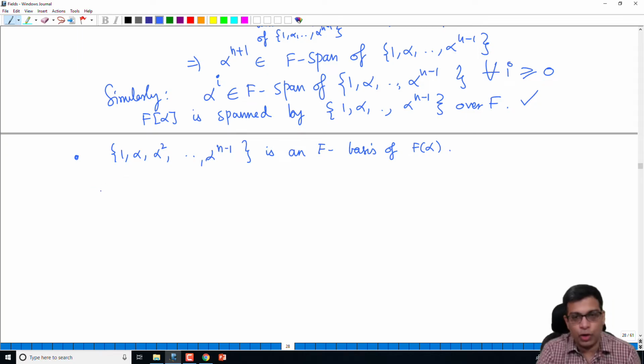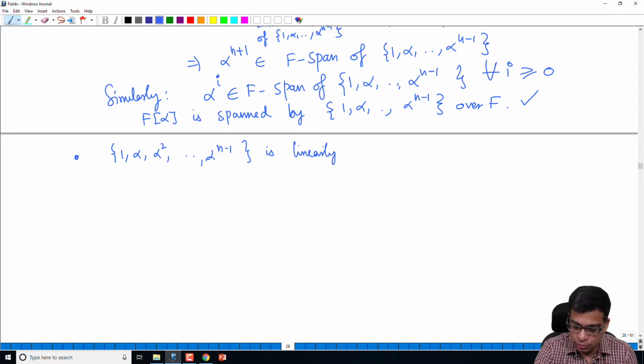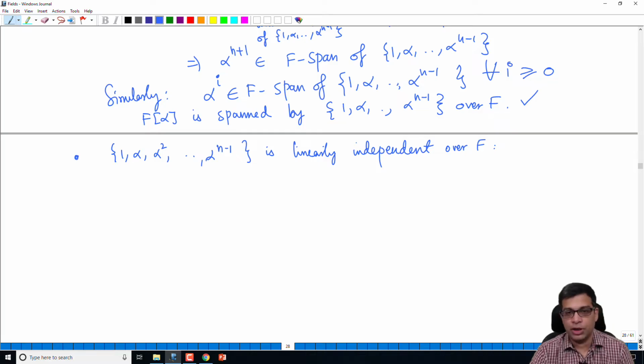Actually, sorry, I will write it as: it is linearly independent over capital F. It is also an F-basis, but we are trying to show both the parts that constitute a basis. We showed that it spans, and now we are showing that it is linearly independent.